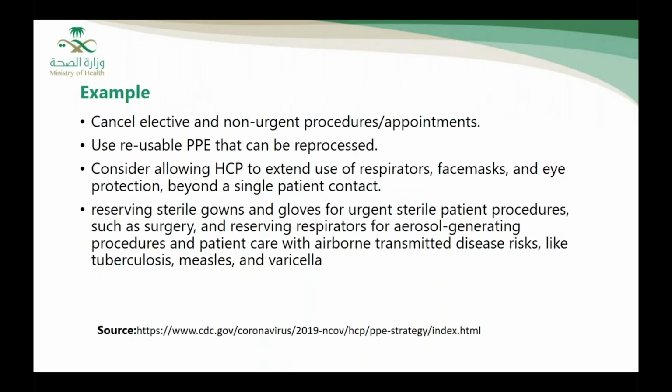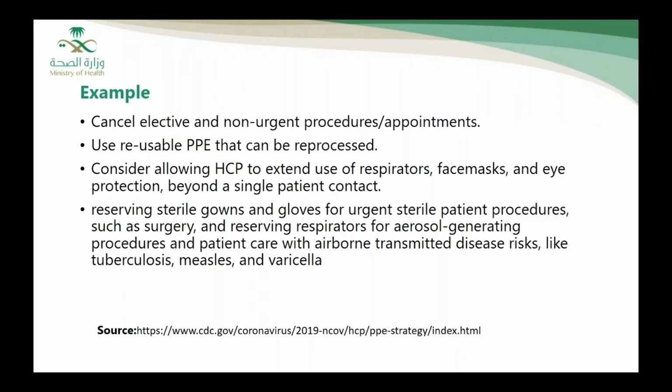For example, like most of the hospitals, they are canceling their elective and non-urgent procedures and appointments to save their supplies, to protect the patient and prevent spread of infection, and for many related reasons.